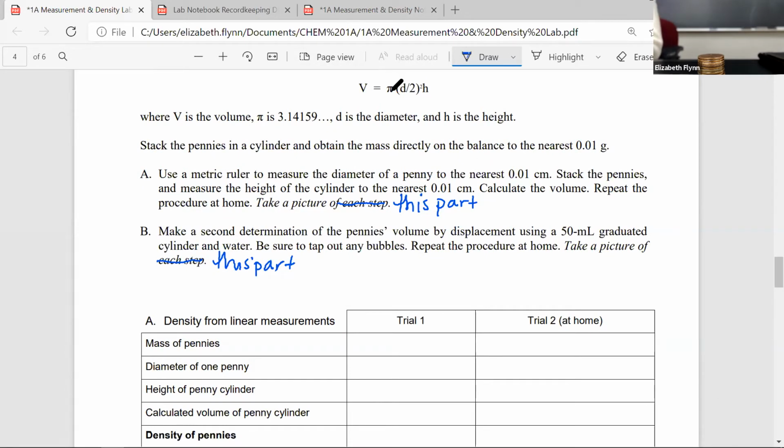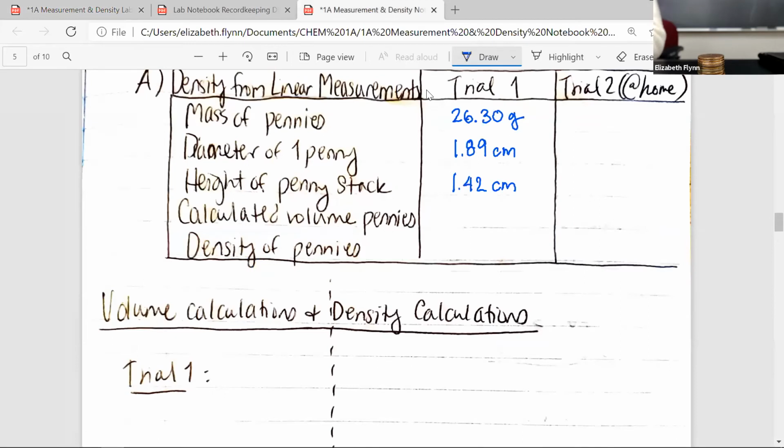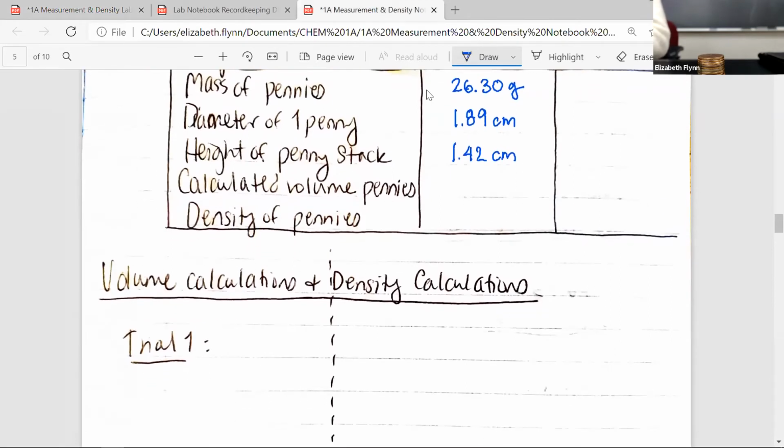So volume is equal to pi times the diameter over 2 squared times the height. So let's do our volume calculations over this side. Volume is equal to pi times the diameter over 2, so the radius, squared times the height. And so let's plug everything in for our trial 1, which we just did.